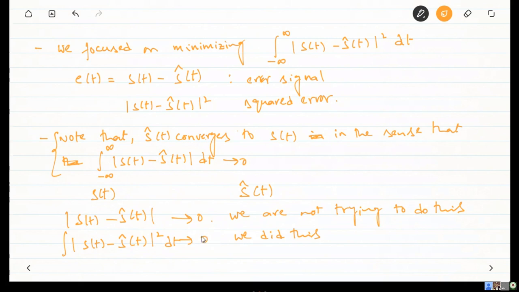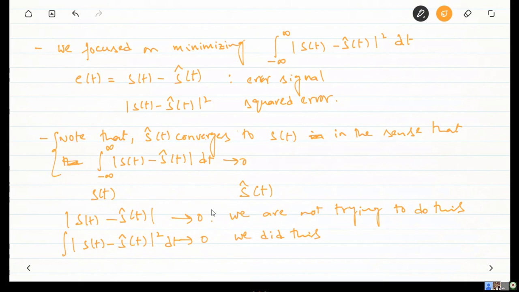You should keep this in mind. Whenever you represent s of t using orthonormal expansions, you get a signal s hat of t, and s of t and s hat of t need not be exactly the same at every point.